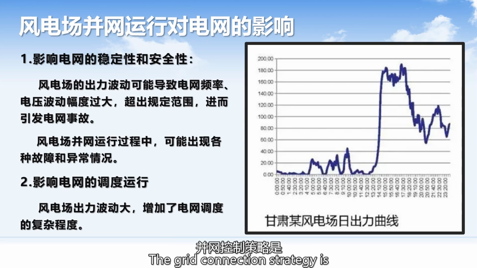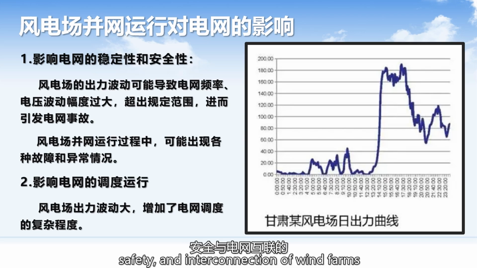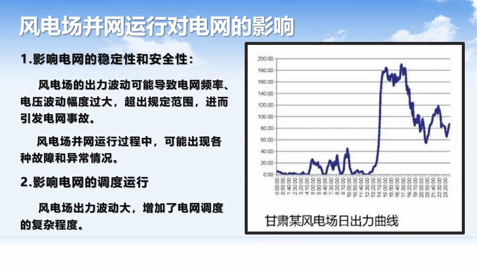The grid connection strategy is a key technology to ensure the stable operation, safety, and interconnection of wind farms with the power grid.